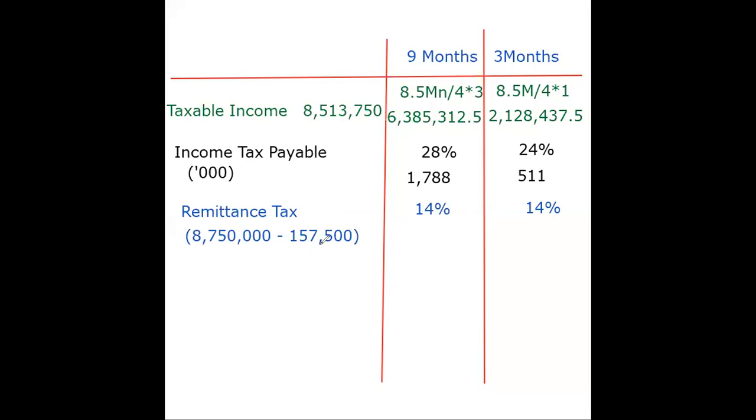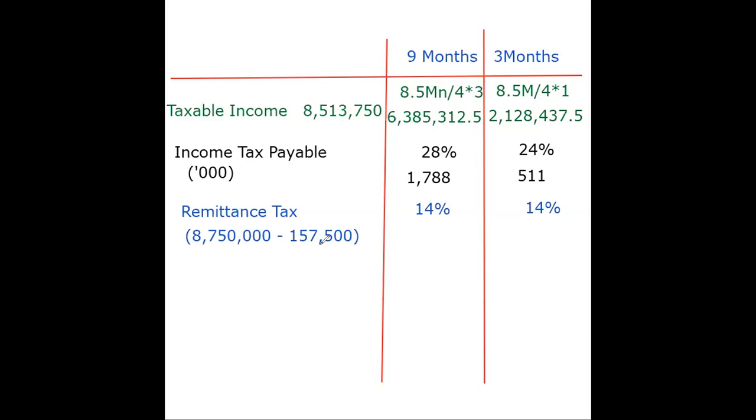Then for the first period you apply 14%, and the balance period is again 14%. The rate is no big difference. If the rates were different, we would need to determine how to calculate the remittance tax. But here it is easy because the rate is the same, 14%.